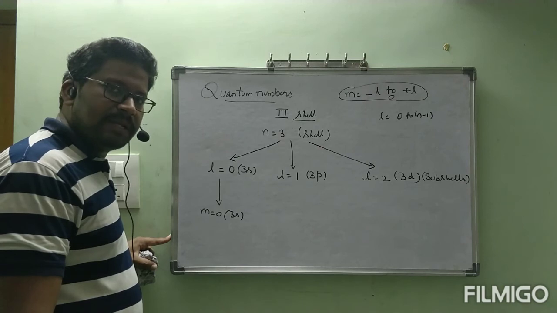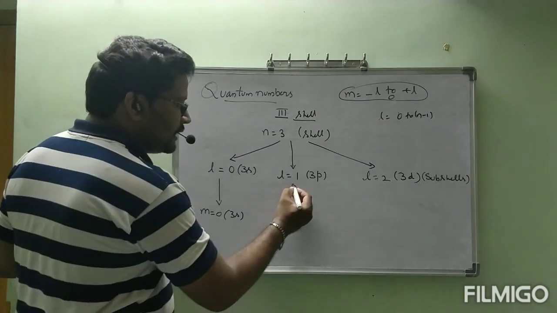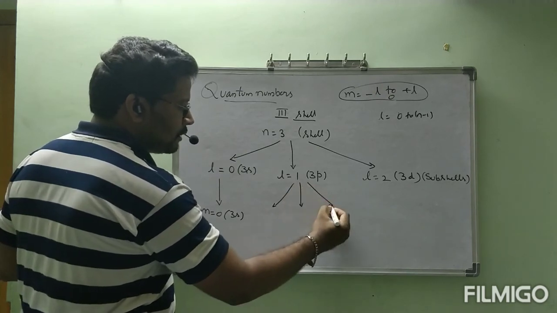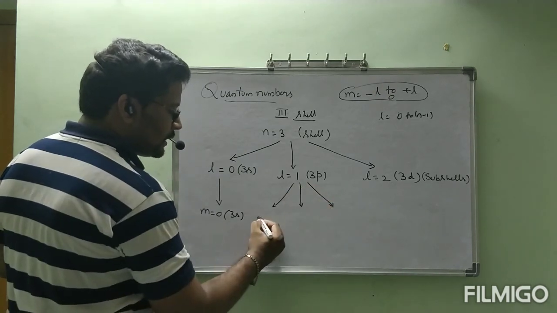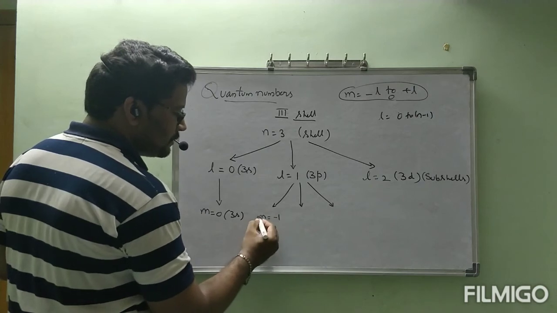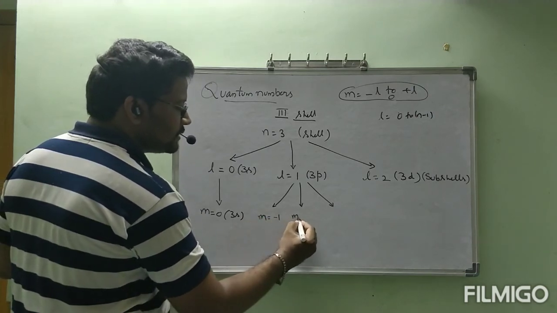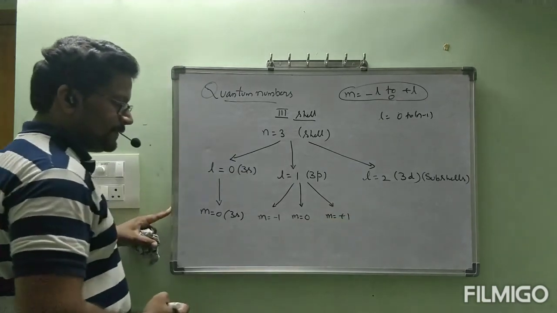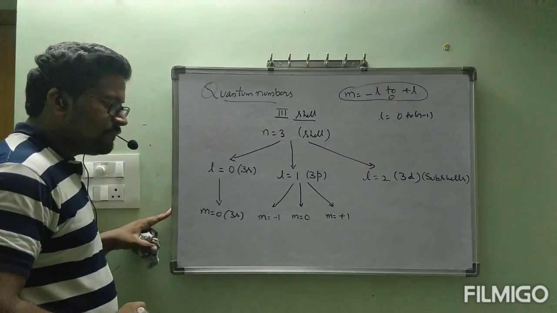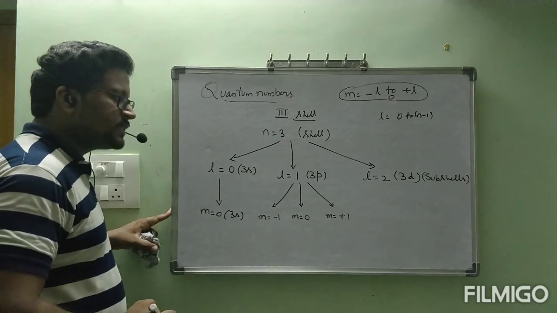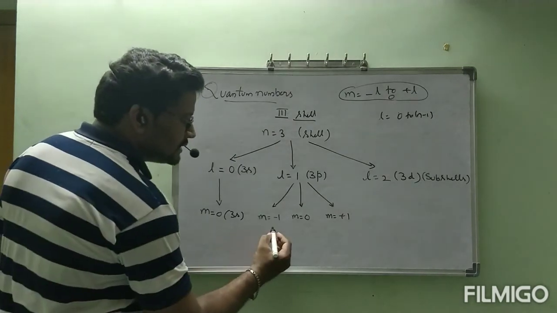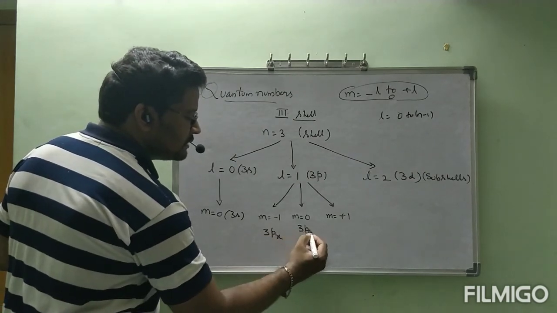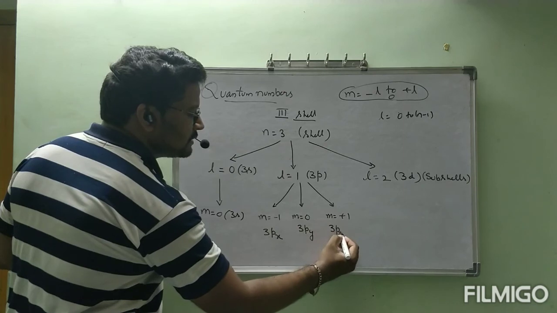So, it has 3 orbitals. m is equal to minus 1, m is equal to 0, m is equal to plus 1. These are the 3 m values, the orbitals present in L is equal to 1. This is 3px, this is 3py, this is 3pz.